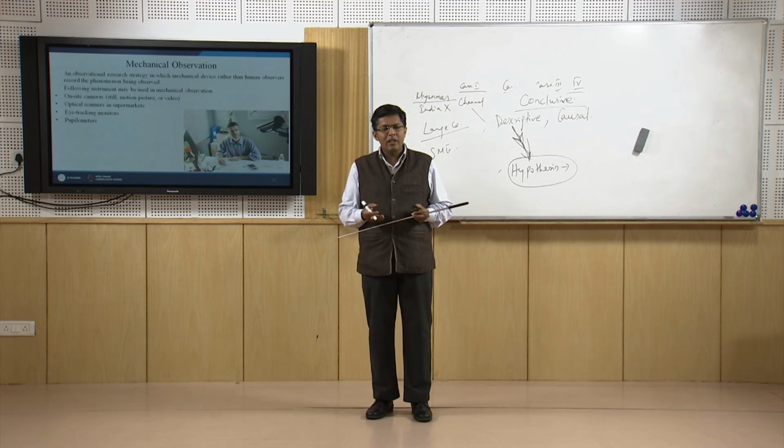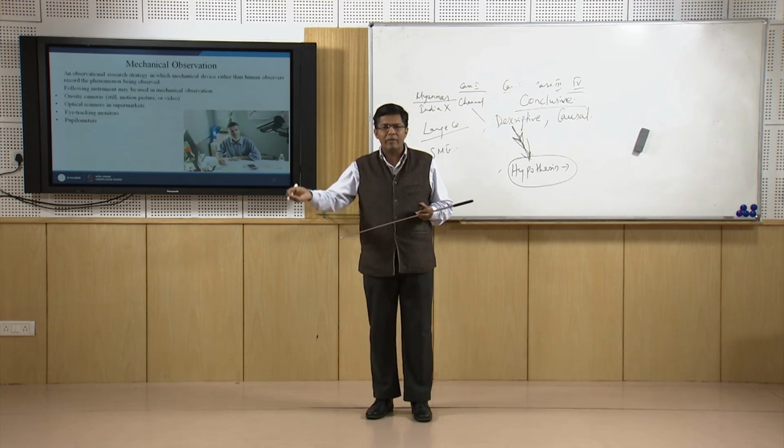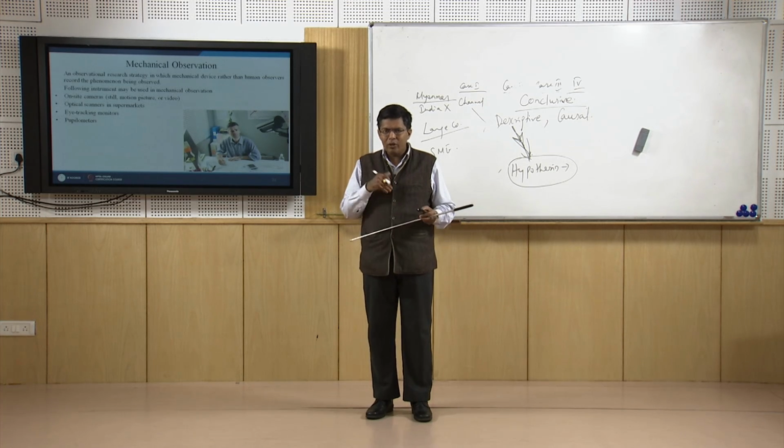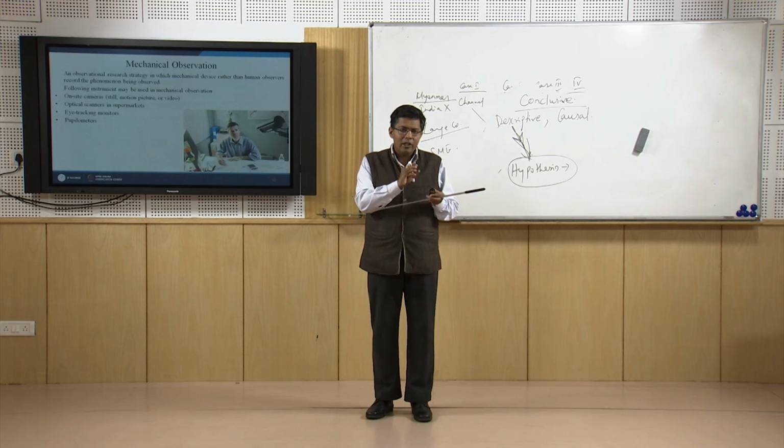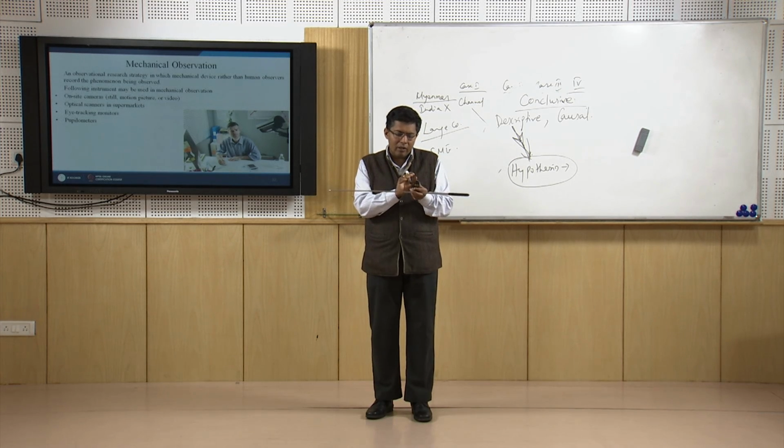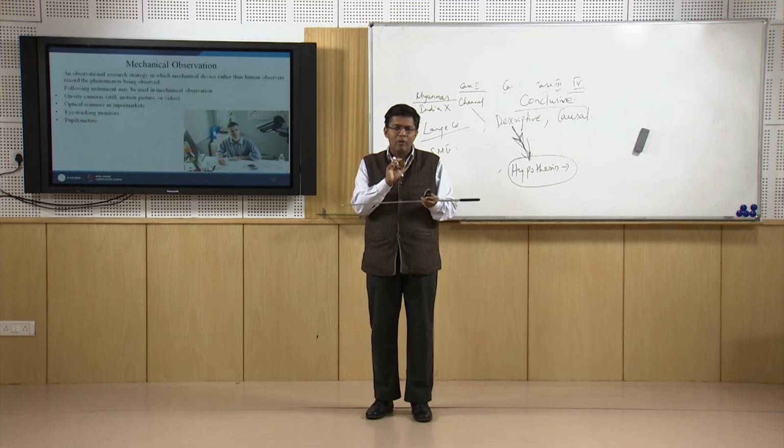When they were asked whether they liked it, they said no, we did not like it, but actually as per the machine they were liking it, because the size of the pupil was changing.